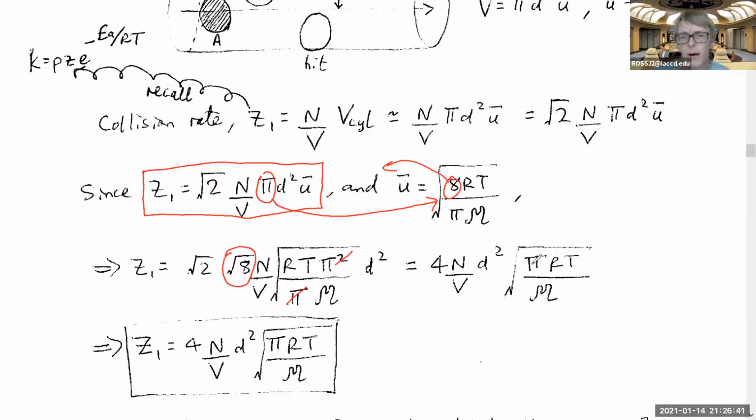That's why we only have one pi left in the numerator. And root 2 multiplied by root 8 gives us this 4. So we can see that this 4 is just root 2 multiplied by root 8. Okay, and everything else is everything else. So now we've got a new expression for our collision rate. Okay, so far so good.